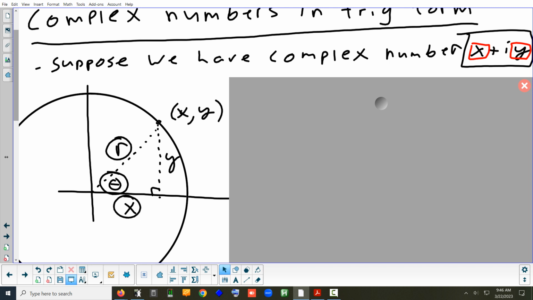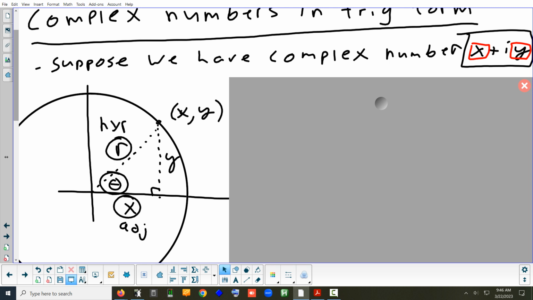Let's start by seeing if we can come up with something to substitute for x. What position is side x relative to theta? We're going to come up with a trig function. Yep, it's adjacent. And what position is side r? Yep, it's your hypotenuse.